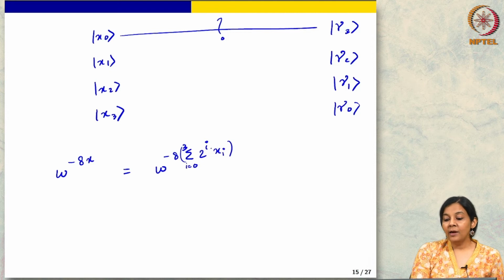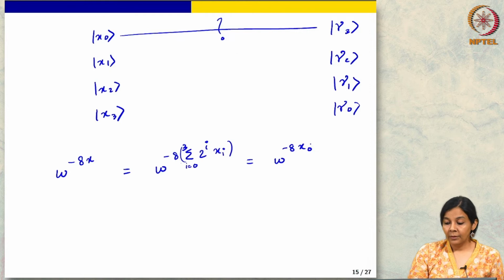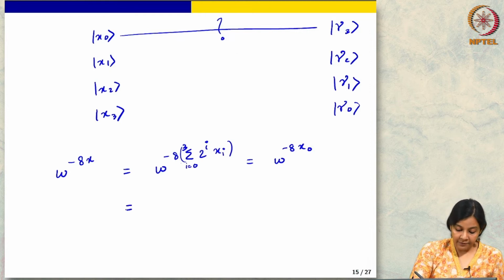For i equal to 1, it is 2 times x1, and 8 times 2 is 16. So, the whole thing dies. So, this is nothing but omega to the minus 8 x0. And this I claim can further be simplified to minus 1 to the x0.